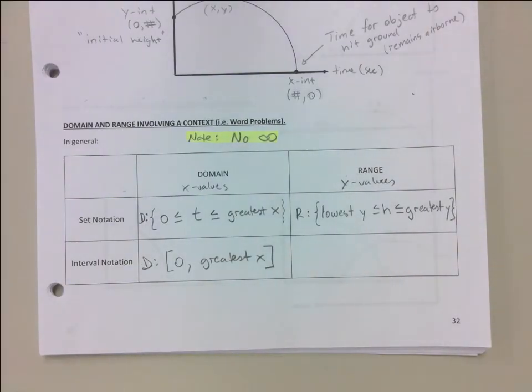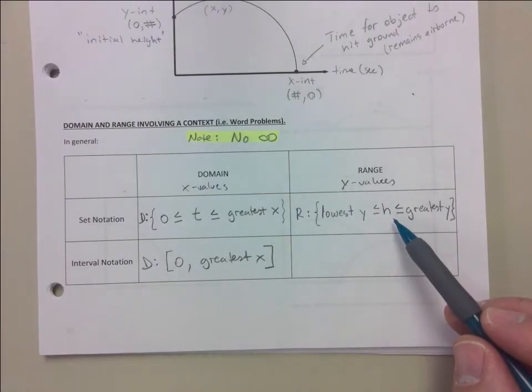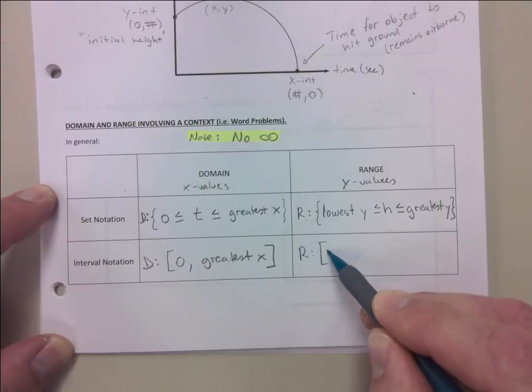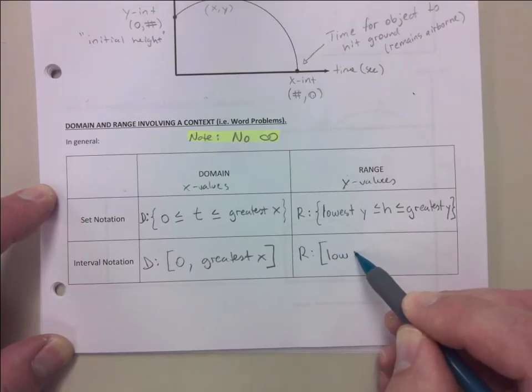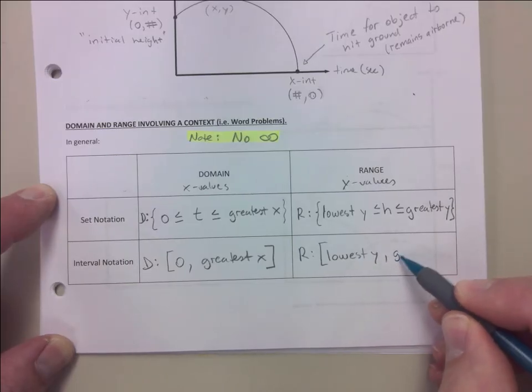Lowest y to greatest y. And you have to use the letter h because h represents the y variable. If you want interval notation, you would simply go lowest y to greatest y.